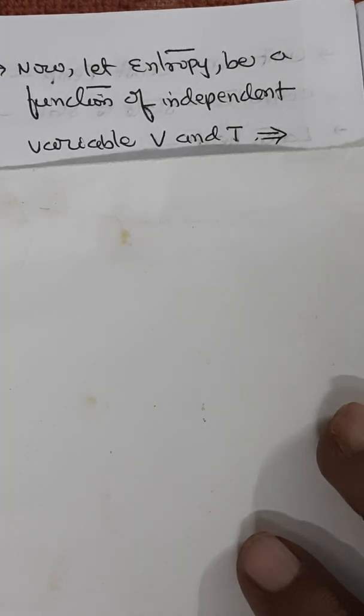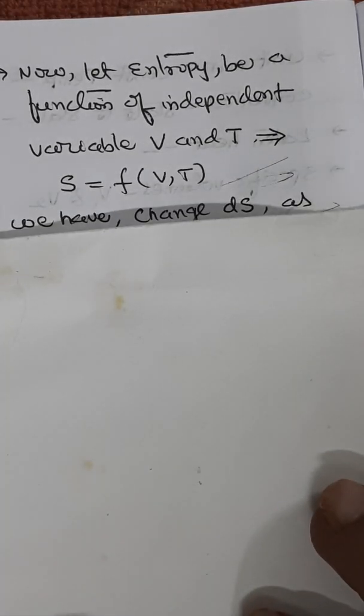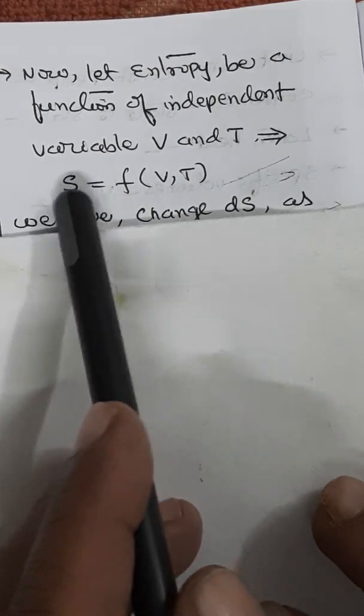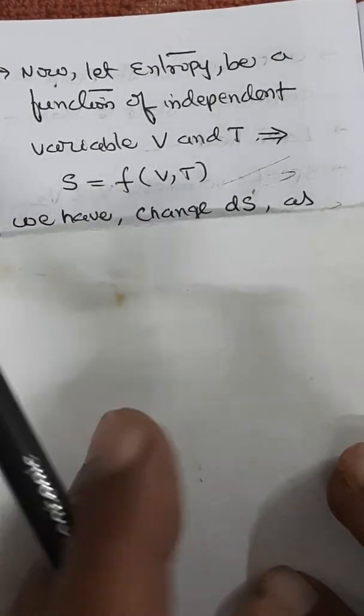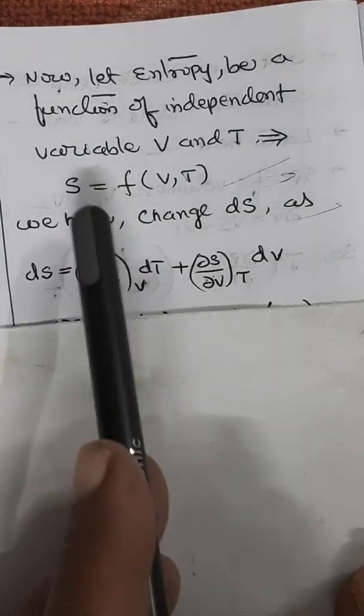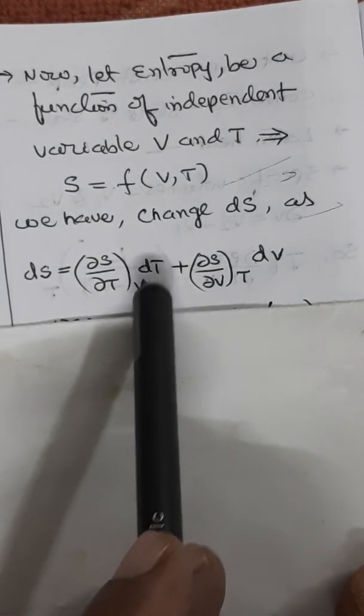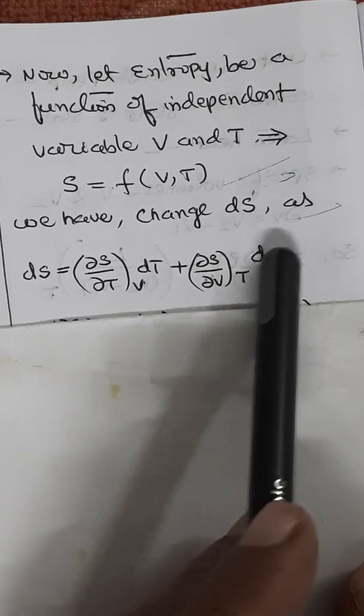Now by considering the variables volume and temperature as independent variables, if we take the entropy as a function of them, then we can write entropy as S equal to f of V comma T. Now we can find the change in entropy by differentiating this. We can represent it as dS is equal to ∂S by ∂T at V dT plus ∂S by ∂V at T dV.